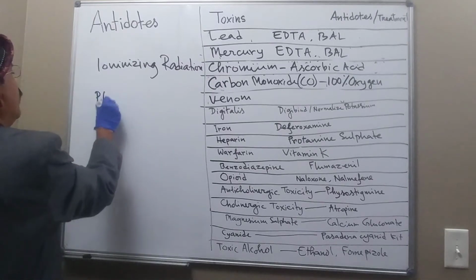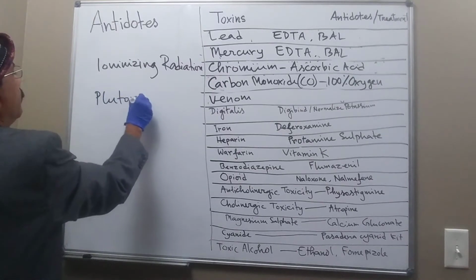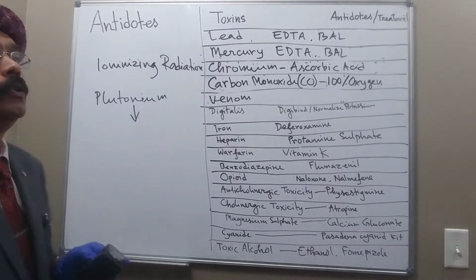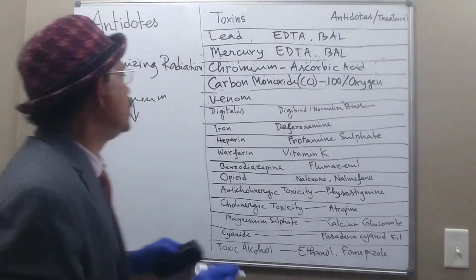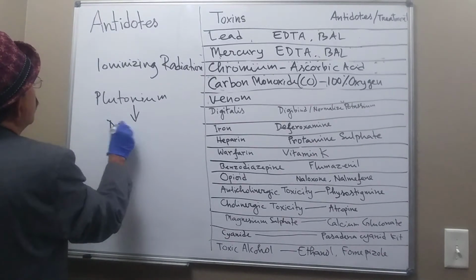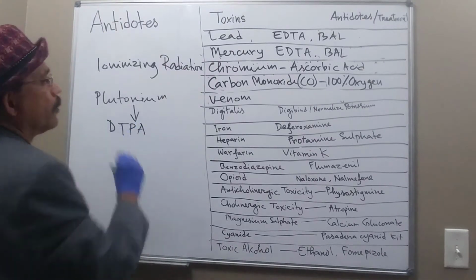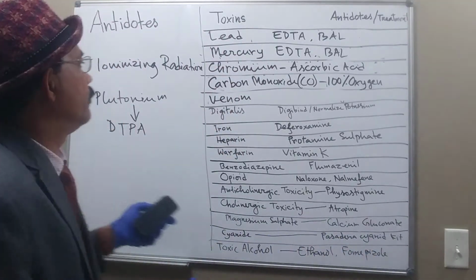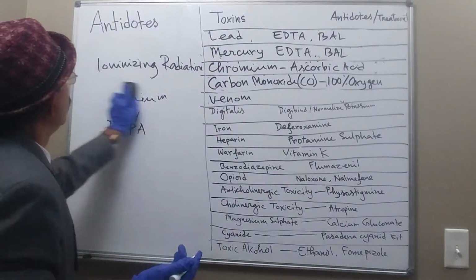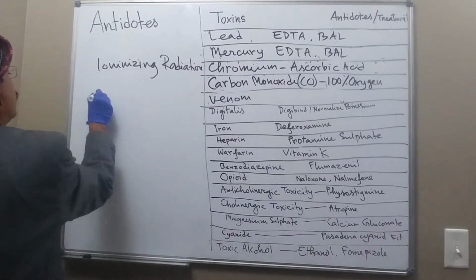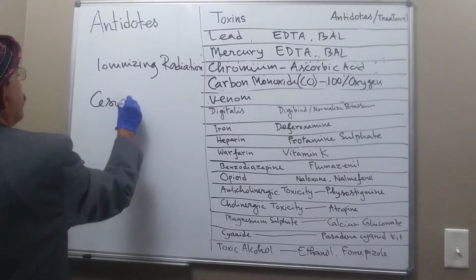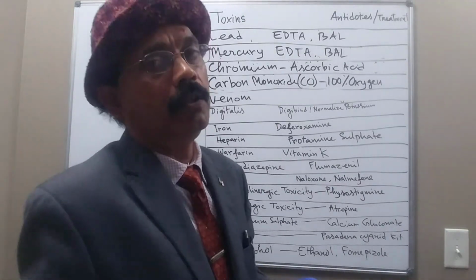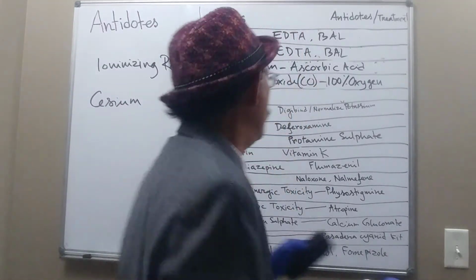If a person is exposed to plutonium, then the antidote should be DTPA. It depends. If it is cesium, then the antidote should be Prussian blue.